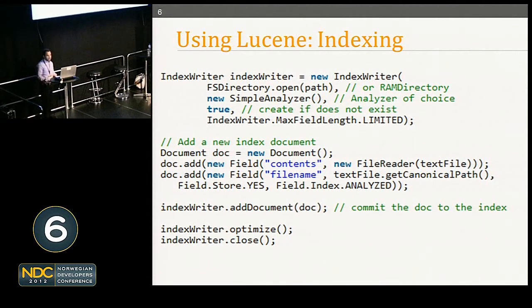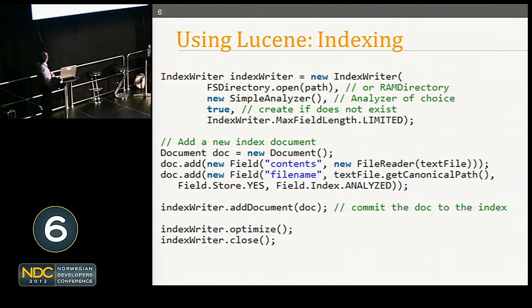And then I'm creating something that's called an analyzer. We'll talk about that later. And once I have the writer, I'm ready to index. To actually index, I'll be creating a document object. That document object is going to have several fields in it. Each field allows me to index different data and search on it with different queries. We'll talk about that later as well.